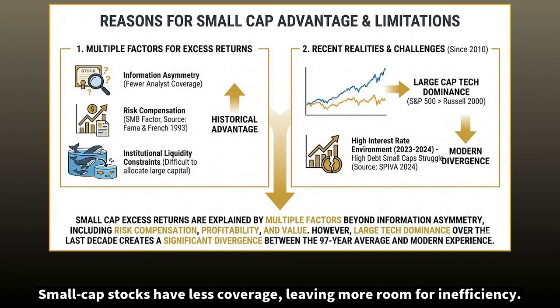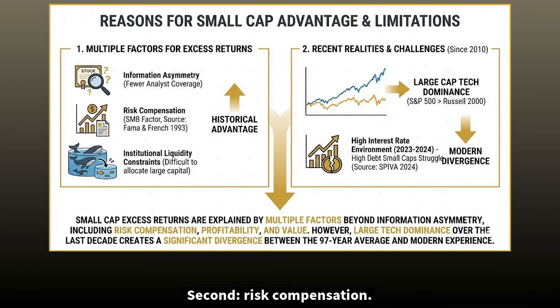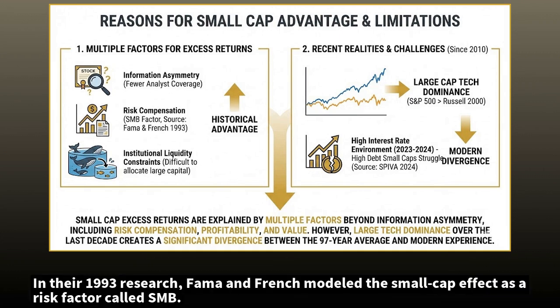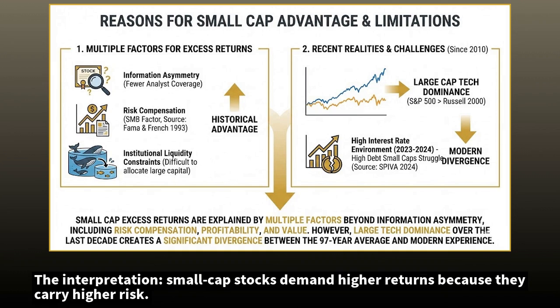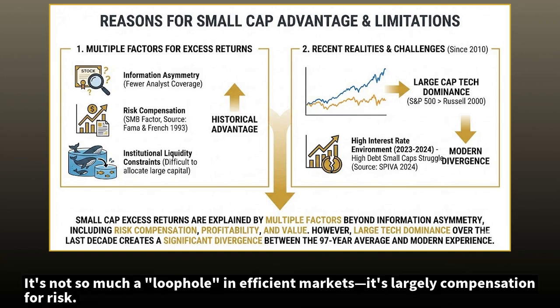Small-cap stocks have less coverage, leaving more room for inefficiency. Second, risk compensation. In their 1993 research, Fama and French modeled the small-cap effect as a risk factor called SMB. The interpretation: small-cap stocks demand higher returns because they carry higher risk. It's not so much a loophole in efficient markets.